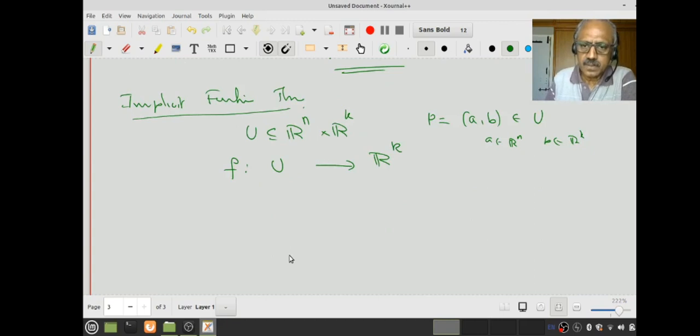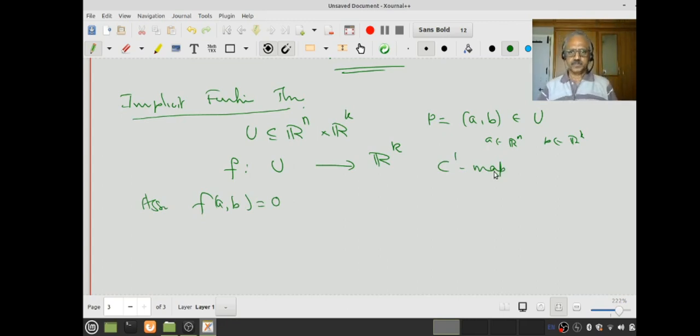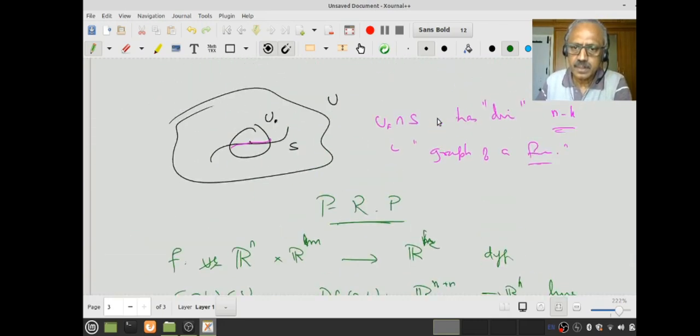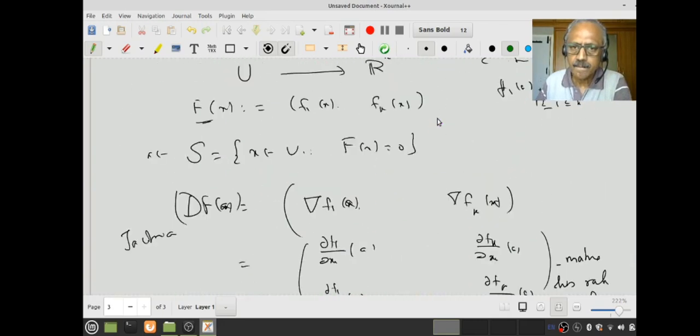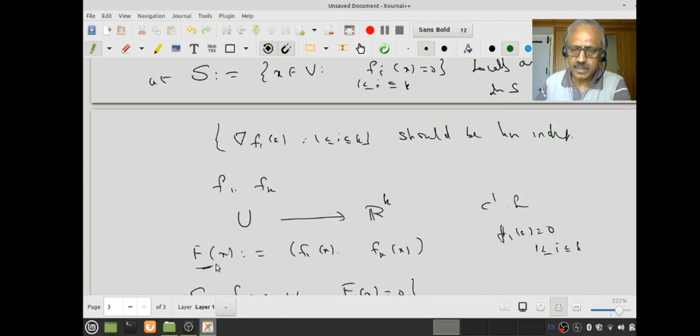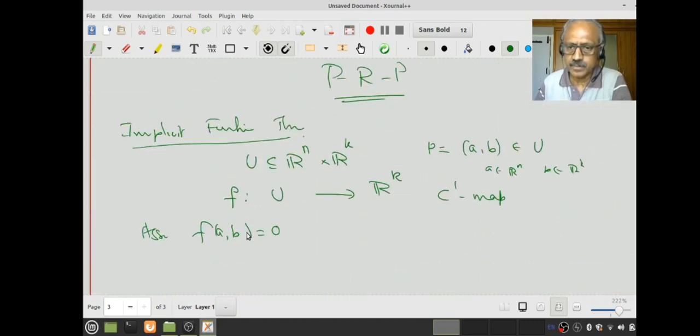Then let's further assume f(a, b) is some constant, but let me assume as usual 0. These are all part of the assumptions. I am assuming this is a C1 map, a C1 function. This is what I called capital F earlier; what I called capital F is what I'm going to call small f now.